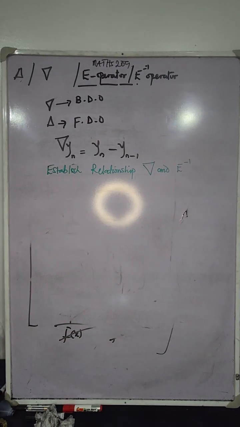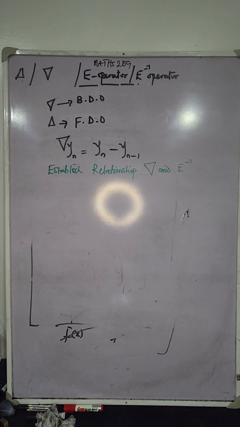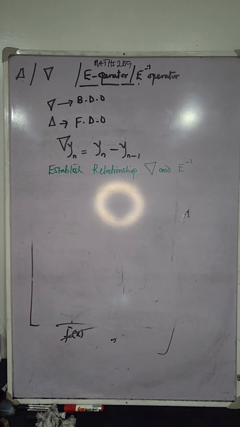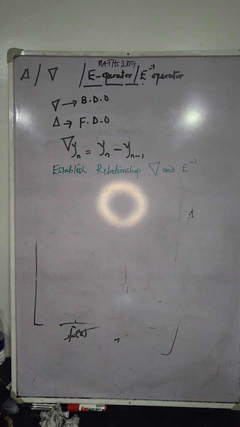So E to the power of minus 1 means E inverse. What is the relationship that exists between the backward difference operator and the E inverse?